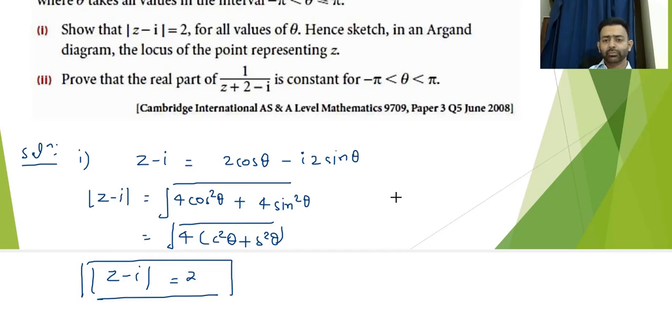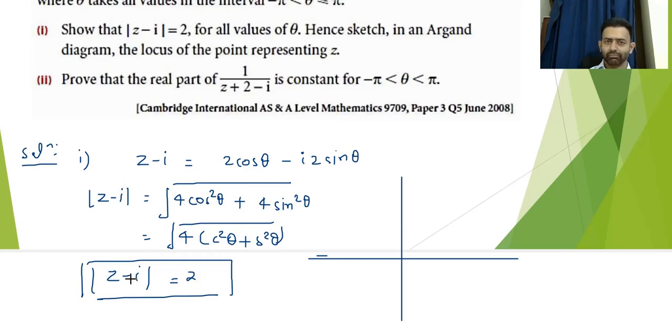This we have already done. Center is your i and radius is 2. So let me point this out. i means the y-axis and the real part is 0. Please remember this.